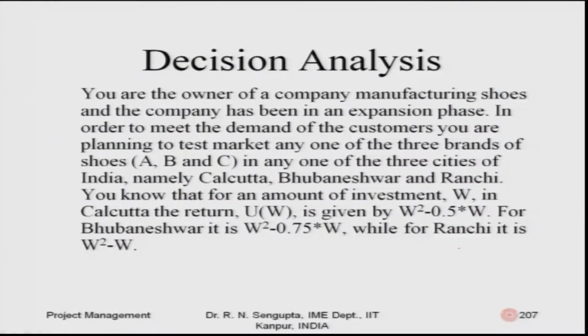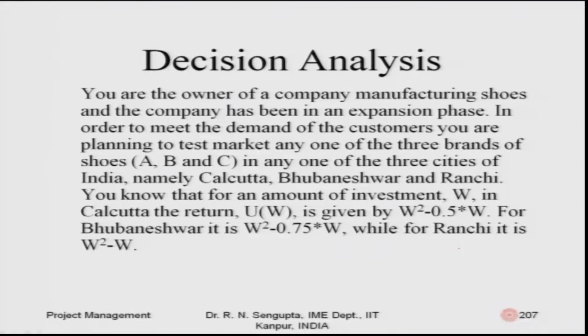So, you are the owner of this company manufacturing shoes. I will take another 1 or 2 minutes and try to wrap up decision analysis. You are the owner of a company manufacturing shoes and the company has been in an expansion phase, and you have 3 cities in India, namely Calcutta, Bhubaneswar, Ranchi. You know that from an amount of investment M, your utility function is quadratic.